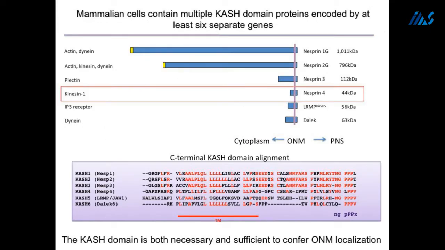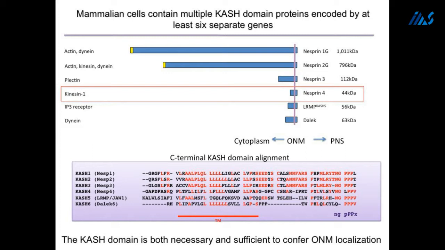So what I'd like to do now is to focus on a couple of these other KASH domain proteins that have been identified over the last few years, and to describe to you exactly what role they may be playing in actual cells and animals.